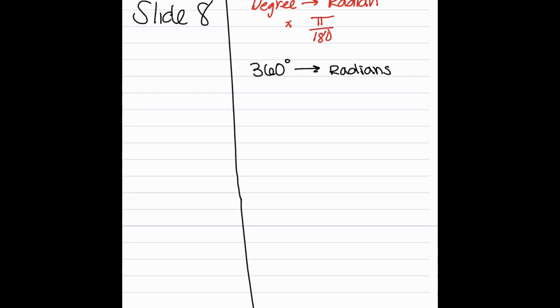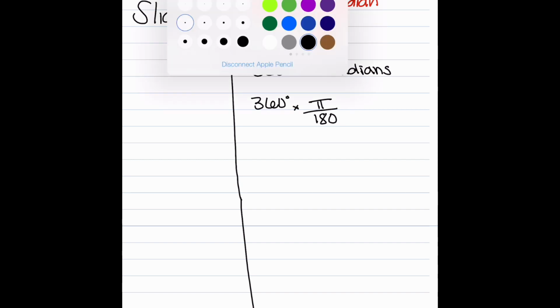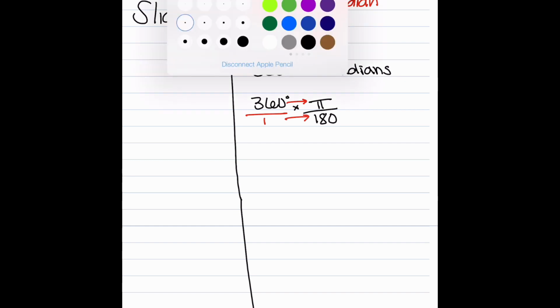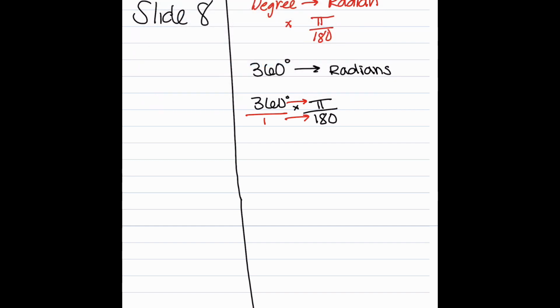So I'm going to multiply 360 degrees times pi over 180. Remember here, you do just multiply numerator with numerator, denominator with denominator. And you should get 360 pi over 180.